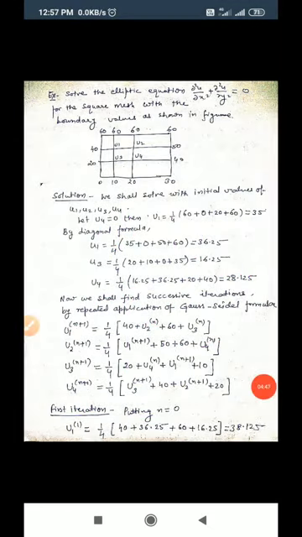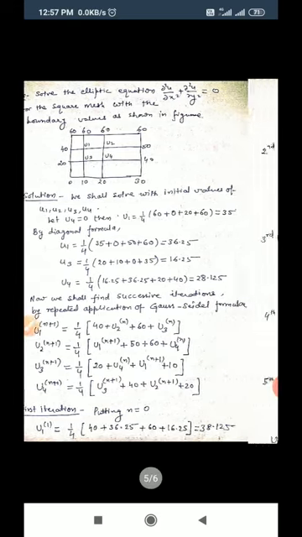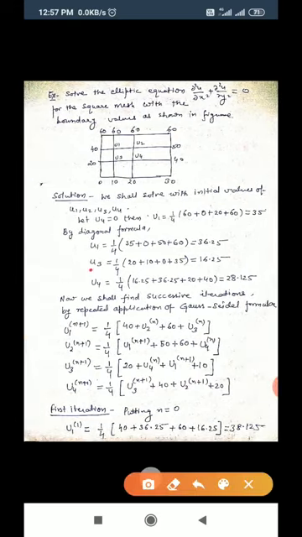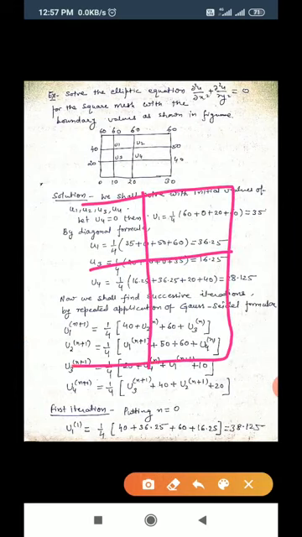Look at the screen. The value of u(x, y) is the average of its values at four neighboring points: east, west, north and south.